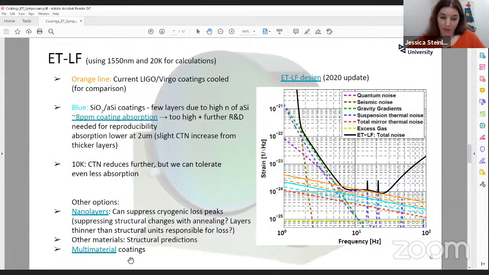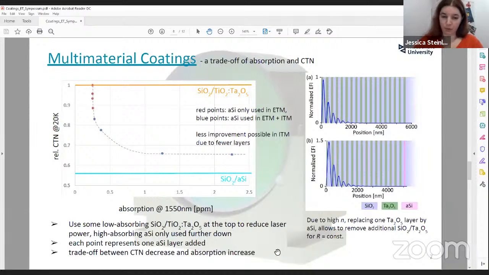And another option are multi-material coatings. So when we talk about multi-material coatings, we mean coatings made of more than 2 materials, which in principle is easily doable. It sometimes might not be so easy from a deposition perspective, but that's a different story.